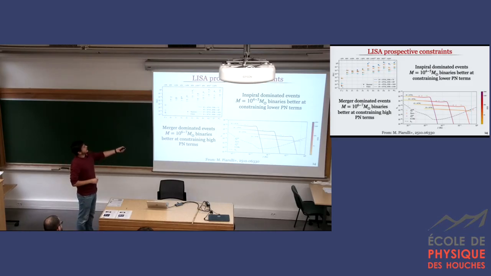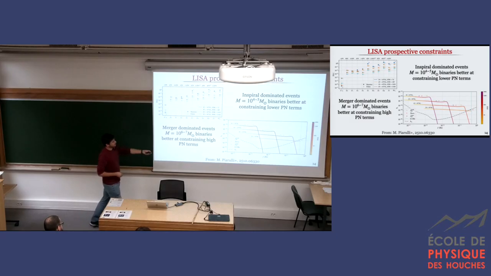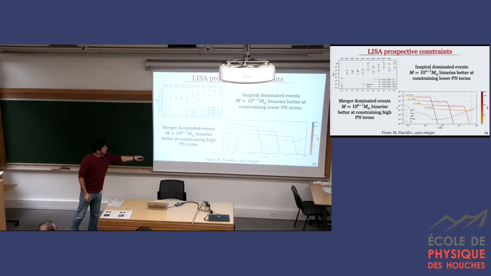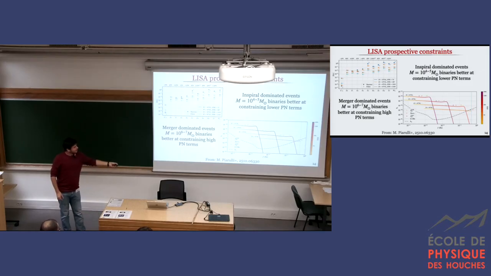So for 1PN terms, the events for which the merger is right in the bulk of your detector are the best ones. For the 10 to the 6 event, for example, the merger happens almost at the peak of the bulk of the Lisa band. So most of the SNR is coming from the merger, right?